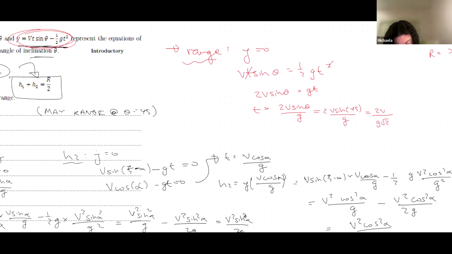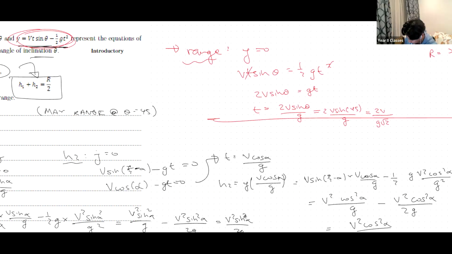X equals 2v squared on g times root 2, which is just 2, so on 2g. That cancels out, and x equals v squared on g. So remember, we're trying to equate to r on 2. What can we say r on 2 is? Therefore, r on 2 equals v squared on 2g, and now it looks the same.